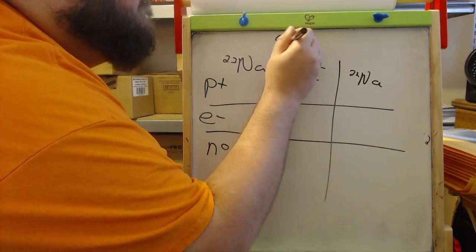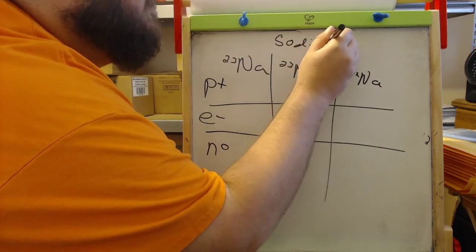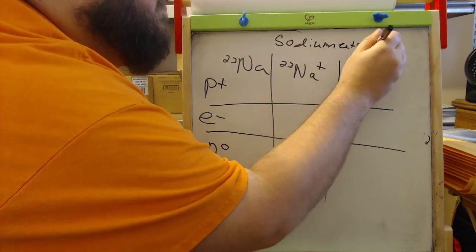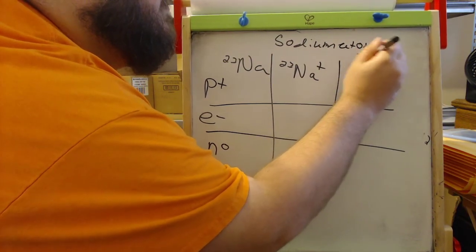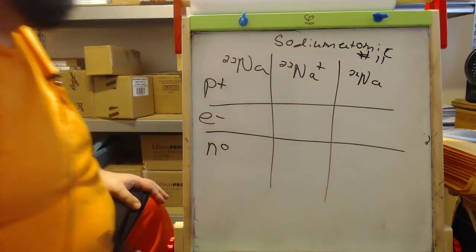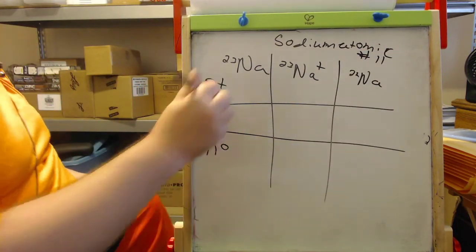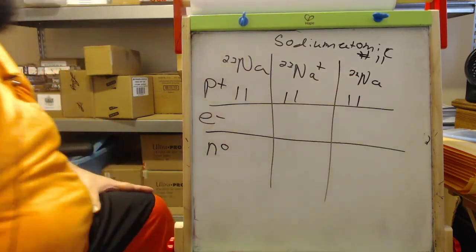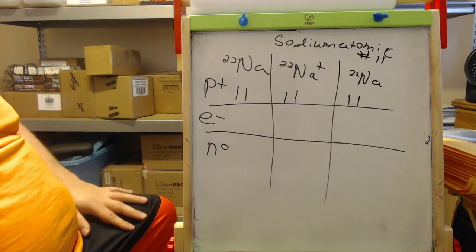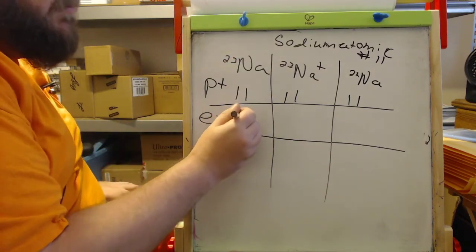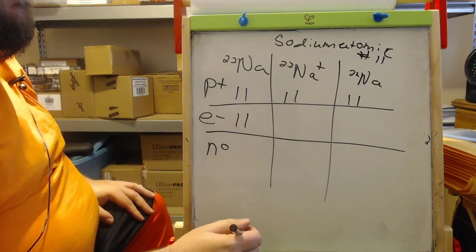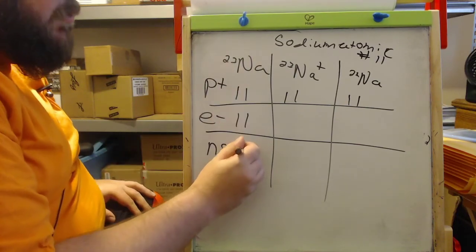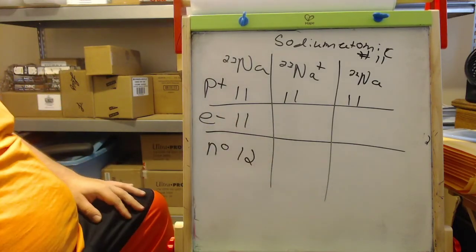That means every one of these is sodium, so every one has to have 11 protons. There's no charge on this sodium, so the electrons have to be 11. And 23 minus 11 gives me my neutrons, so there's 12.